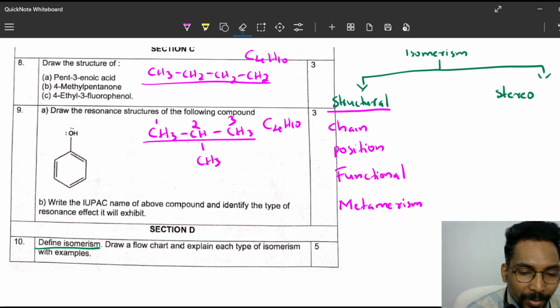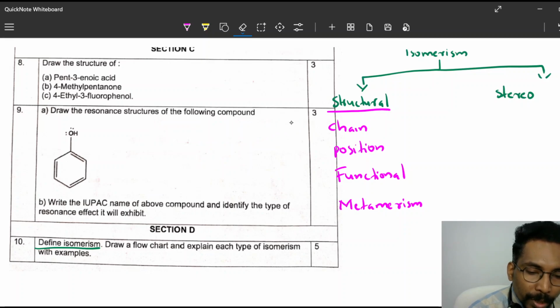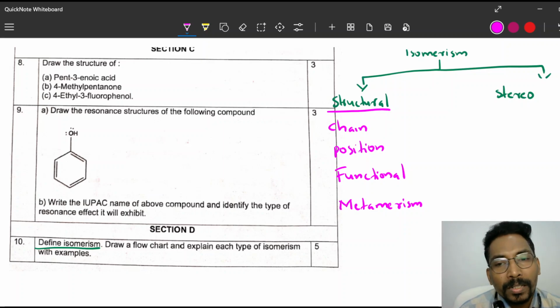Now next one, position isomerism. Coming to position isomerism, position of the functional group will be different, but same functional group.